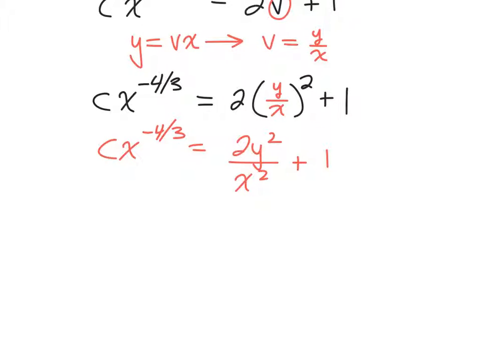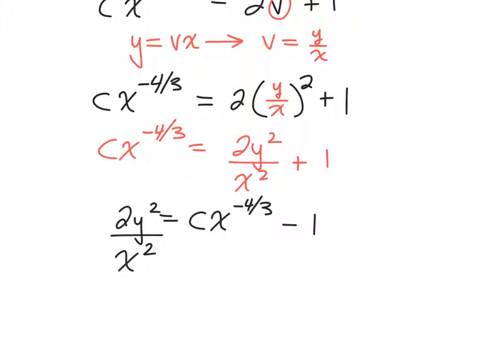Now it's just algebra. I mean, it's easy for me to say, I guess, but that's all it is. I got to multiply everything, I guess, by x squared, or I could subtract the 1 first. It doesn't make a difference. I'll subtract the 1 first. So 2y squared equals cx to the negative 4/3 minus 1.